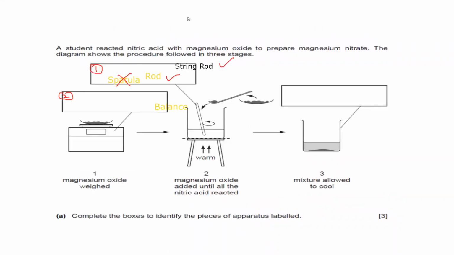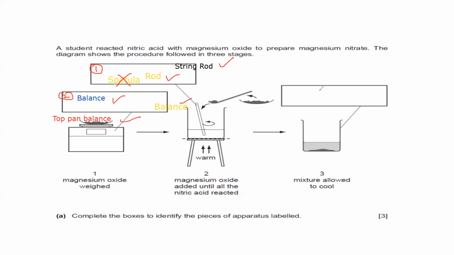Balance is acceptable, but you can also write top pan balance, which is the full name for this apparatus. Balance is acceptable. You will get the marks if you write balance.